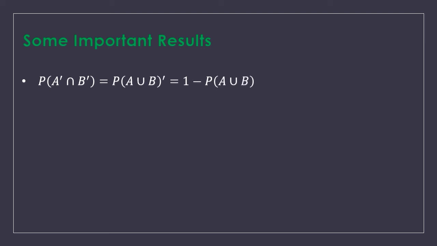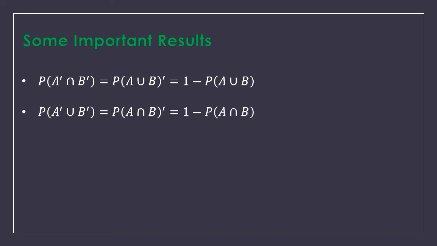A dash intersection B dash can be converted to A union B the whole dash, because it is a dash, that is, a complement. So whenever we get events with a complementary symbol, just deduct that event from 1. So (A union B) dash is 1 minus P(A union B). Next, A dash union B dash we convert into (A intersection B) the whole dash.